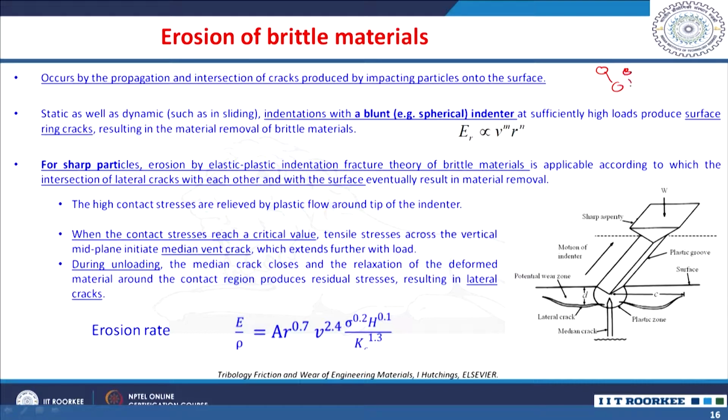You will have several particles and they create a lot of cracks at the impacting contact. So, consider static as well as dynamic indentations with a blunt indenter, for example a spherical indenter, like this particle, at sufficiently high loads that produce surface ring cracks, right, ring cracks.